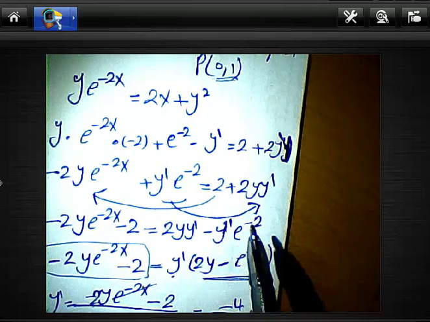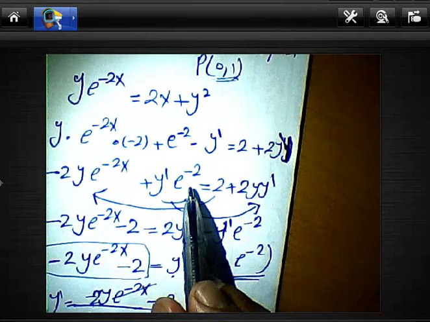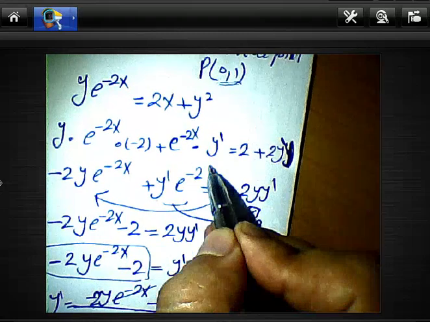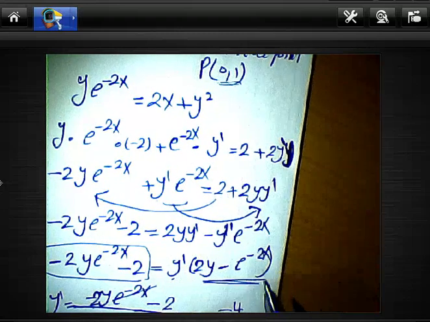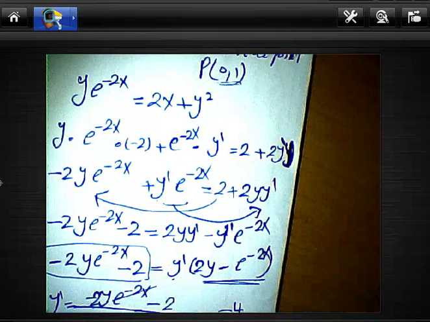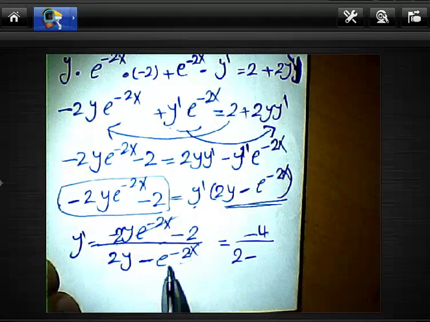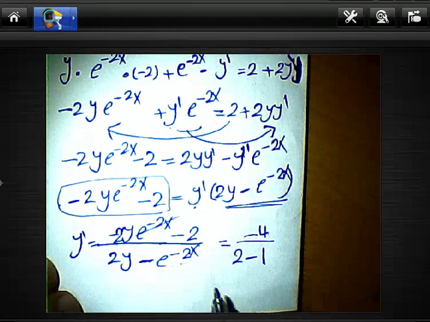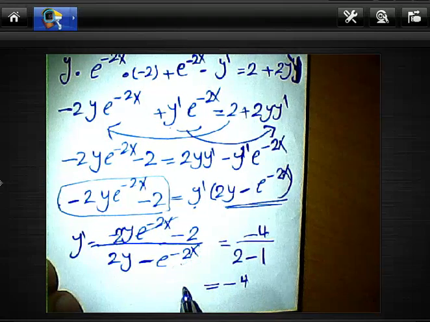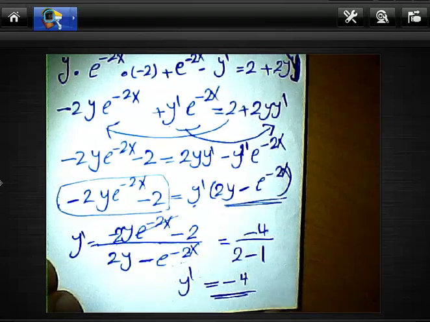Again we can write it here, e power negative 2x. X was 0, so this number will be 1. So the result will be negative 4 over 1, and y dash will be equal to negative 4.